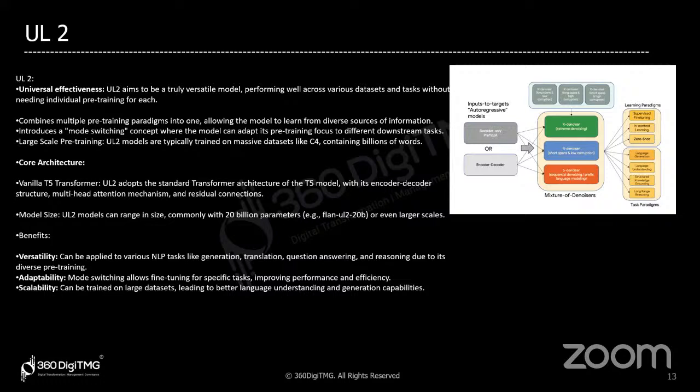It introduces a mode switching concept where the model adapts its pre-training focus to different downstream tasks. UL2 models are typically trained on massive datasets like C4 containing billions of words. We'll see UL2 in the next lecture.